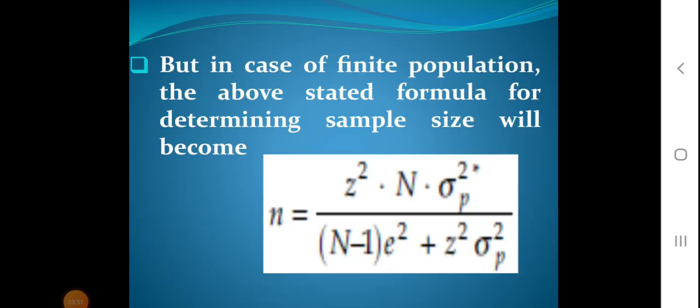Dear students, this is about the first approach of determination of sample size, that is determination of sample size based on precision rate and confidence level.